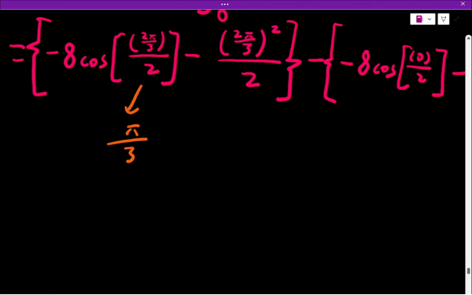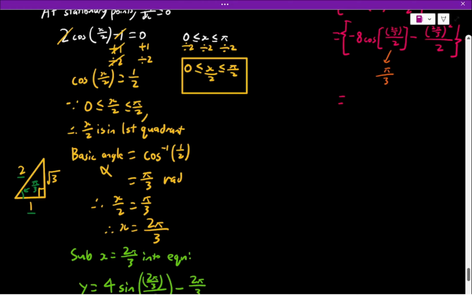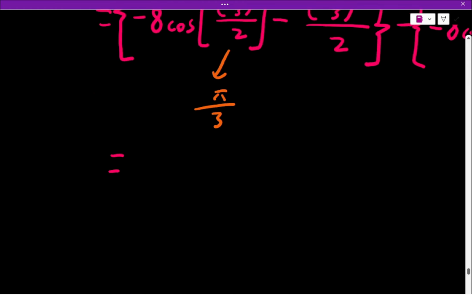So what we need to do is to find that. The cosine of pi over 3 is root 3 over 2. So it's going to be negative 8 times root 3 over 2.